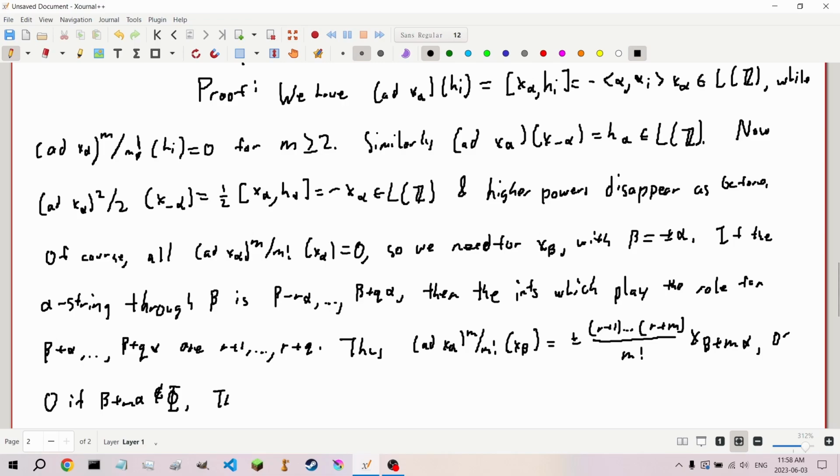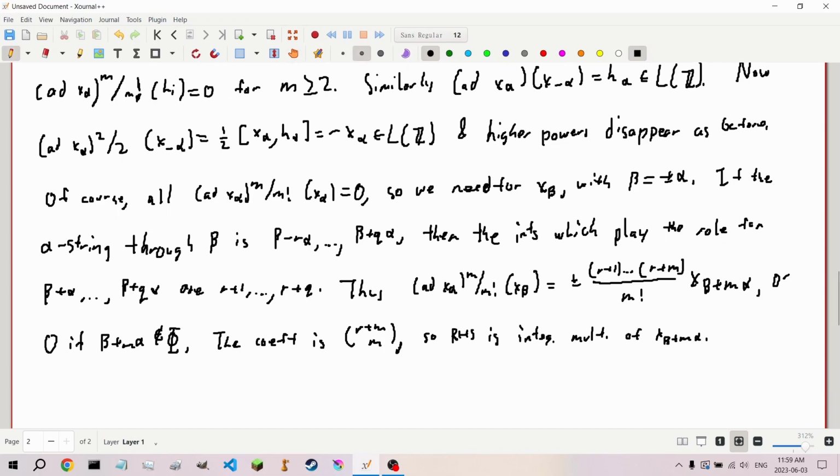The coefficient is just r plus m, choose m. So the right hand side is an integral multiple of x beta plus m alpha. And this is, of course, going to be setting up our exponential action, as I said.